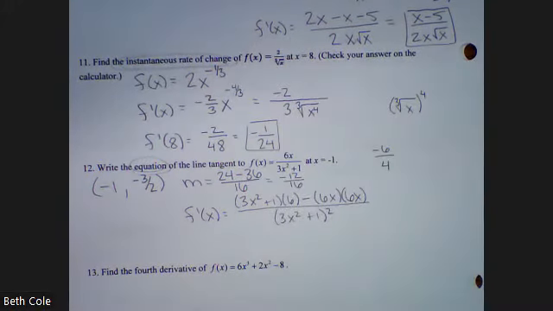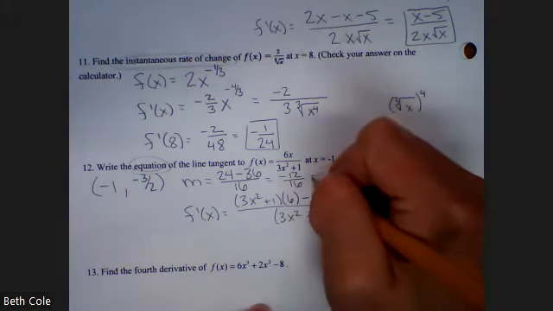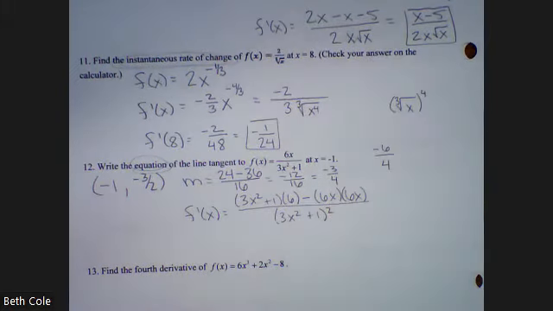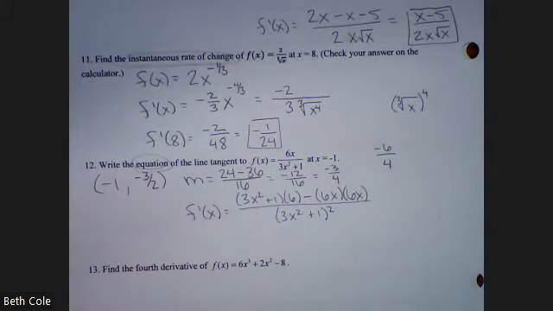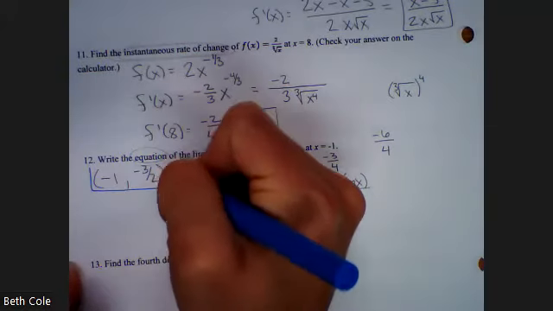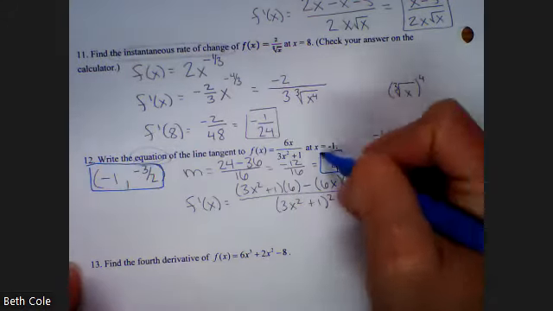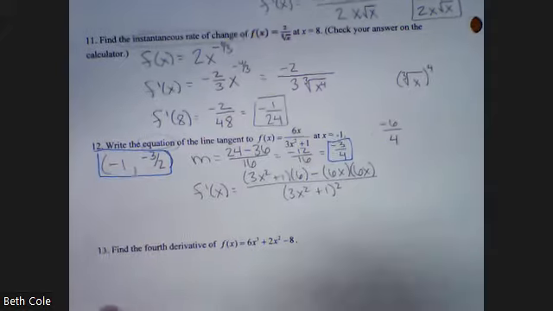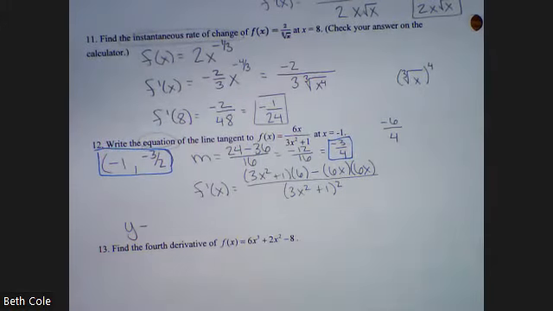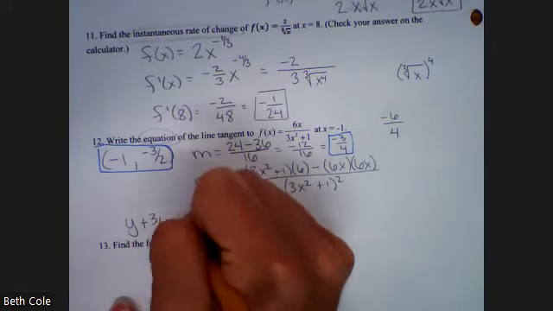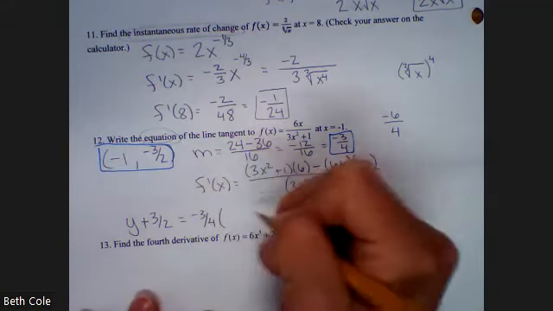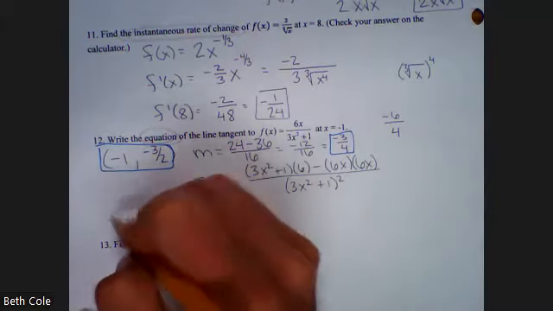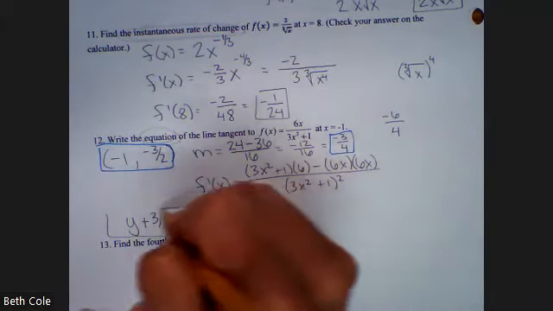Double check me, I'm doing this all in my head here. And so that'll be negative 3/4. That sounds right. So here's your point, here's your slope. All you have to do is put them together into an equation and then walk away. That's it. So assemble. It'll be y and then what? Plus 3 over 2, perfect, equals negative 3 over 4, parenthesis. Were there enough negatives in that problem for you?